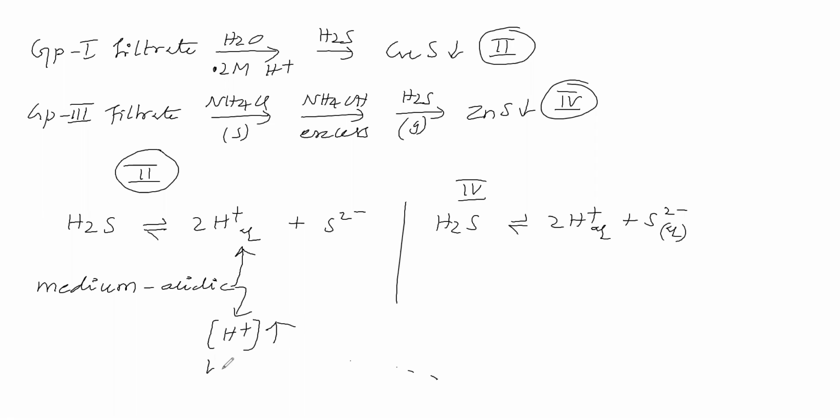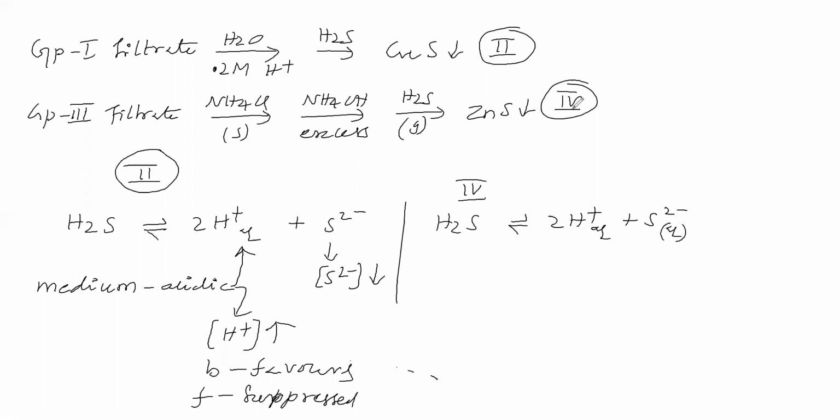Therefore the backward reaction is favored and the forward reaction is suppressed, so the concentration of sulfide becomes low. So here the concentration of sulfide is low.